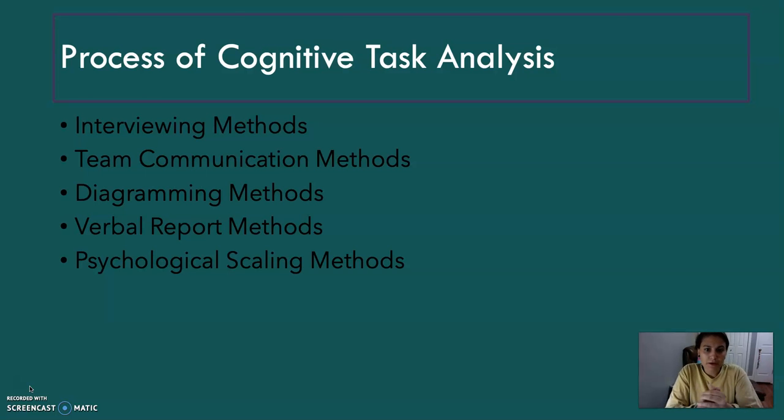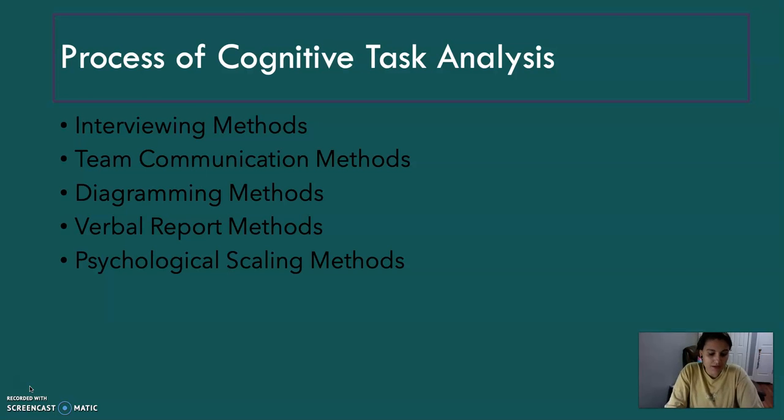The fourth one is verbal report methods, and this is where you ask SMEs to think aloud when they're working on specific tasks and also report what they're thinking during certain tasks, and then you can analyze their reports to infer about their goals, strategies and automated skills. And automated skills are just effortless to them.